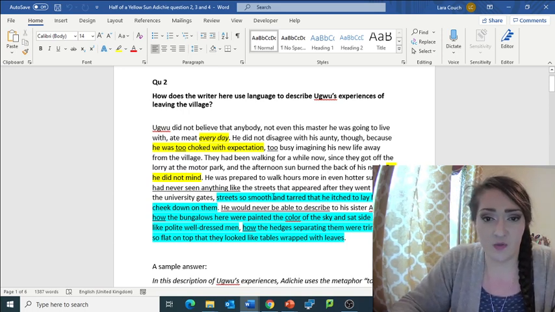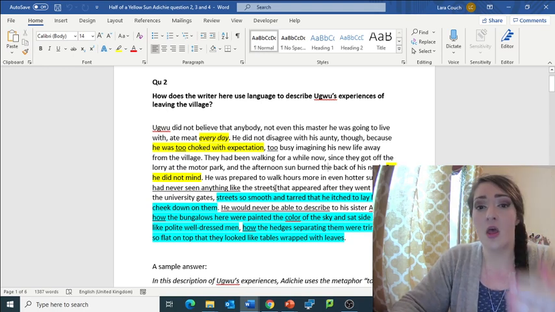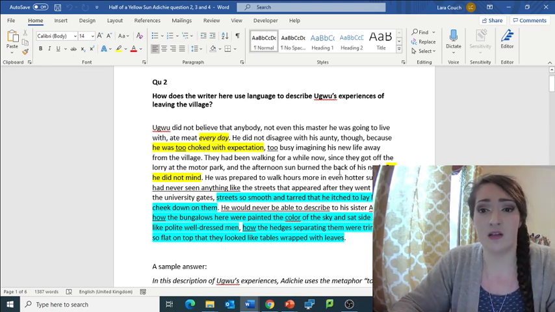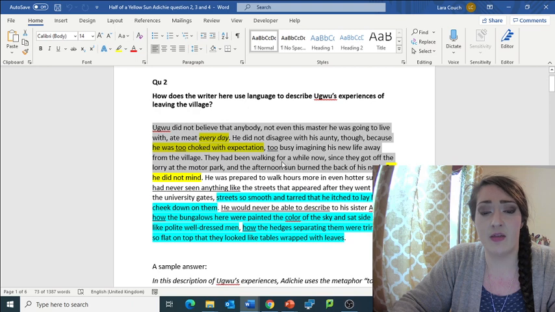Another bit I liked as well is when they said they had been walking for a while now, since they got off the lorry at the motor park, and the afternoon sun burned the back of his neck, but he did not mind. So there you've got an example of a simple sentence which works really well. We're not too sure about how the character feels. You've got these long sentences that are quite packed and busy all up until now and make him feel very overwhelmed, and we don't know if he's actually enjoying it.